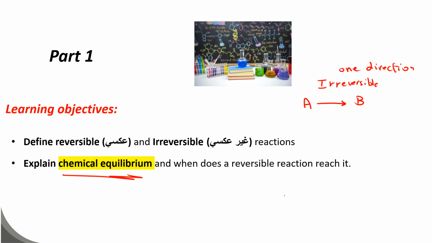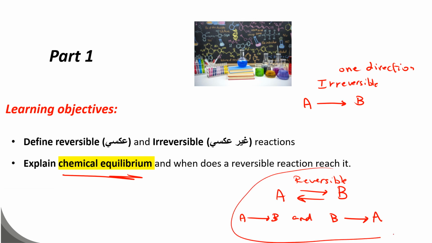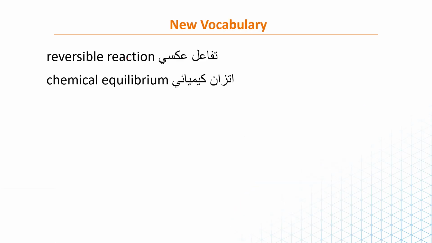There are other reactions that are reversible, تفاعلات عكسية. What does that mean? It means A gives you B and B gives you A at the same time. The products can make the reactants and the reactants can make the products. These are reversible, and we will study them. So these are the most important keywords: reversible reaction and chemical equilibrium.